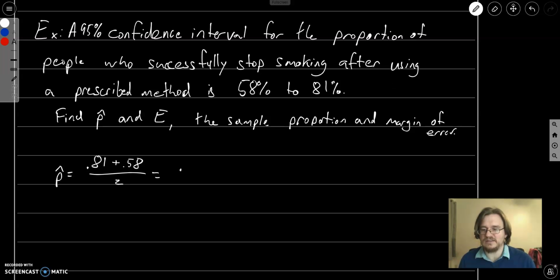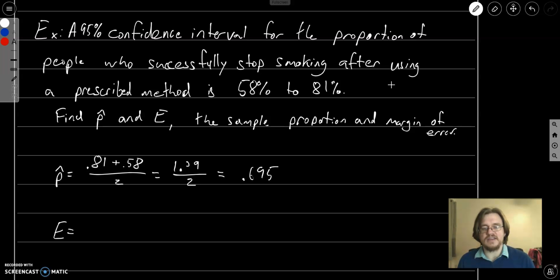If we add these together, this will be 1.39, and dividing this by 2 will give us 0.695. So the sample proportion would have been 69.5%, 0.695.